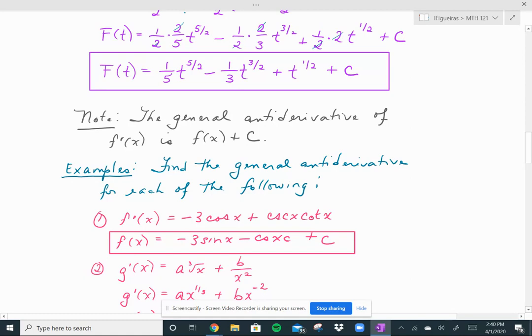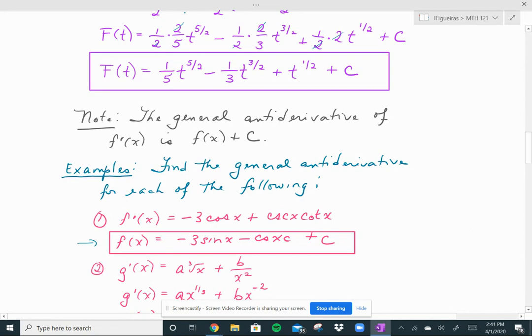So suppose f prime of x equals -3 cosine of x plus cosecant of x cotangent of x. We want to find the general antiderivative. So the antiderivative of f prime is f of x. The antiderivative of -3 cosine of x is -3 sine of x.